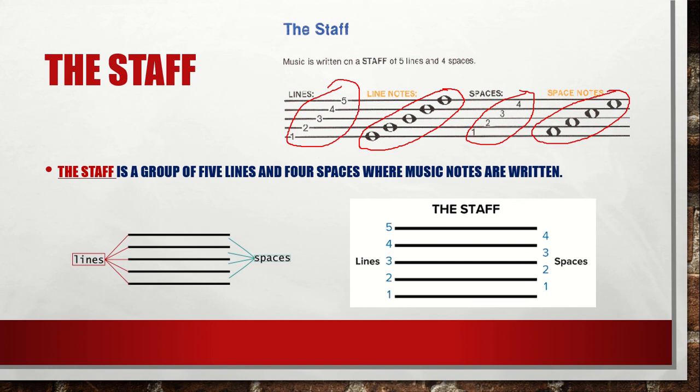You'll figure out that they are at a specific position, such that you cannot miss it out to be able to define what that note is. So ensure that you practice how to label them as soon as we learn how to write music notes there. So that's what we know up to this particular case. That's the staff: 5 lines and 4 spaces where music notes are written, not any kind of line.